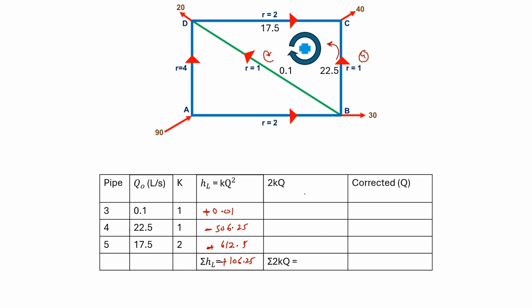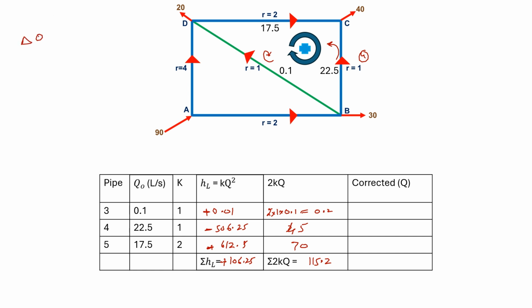so we need a correction. So we will apply 2kq, it will be 0.2, and again for this one it will be 45, and it will be 70. So we need the summation of these values, which will be 115.2.